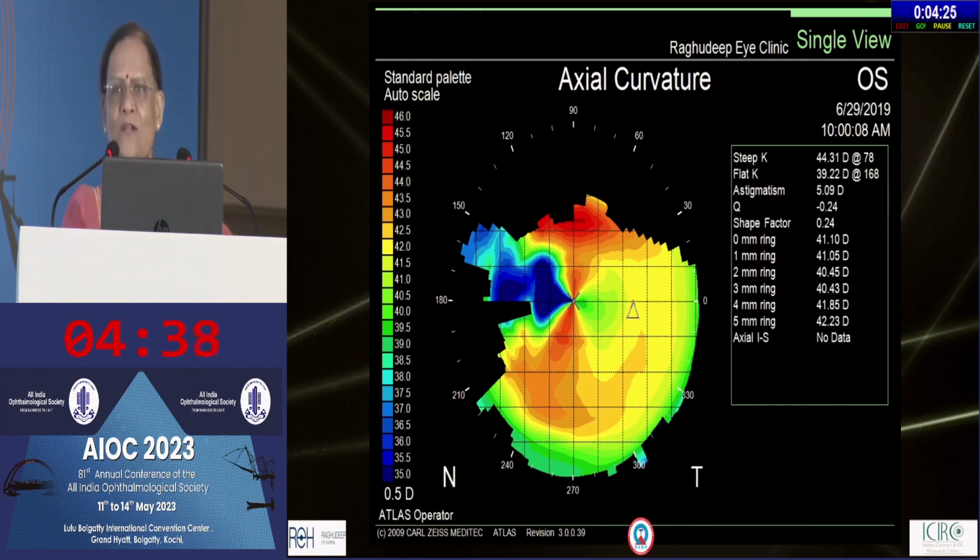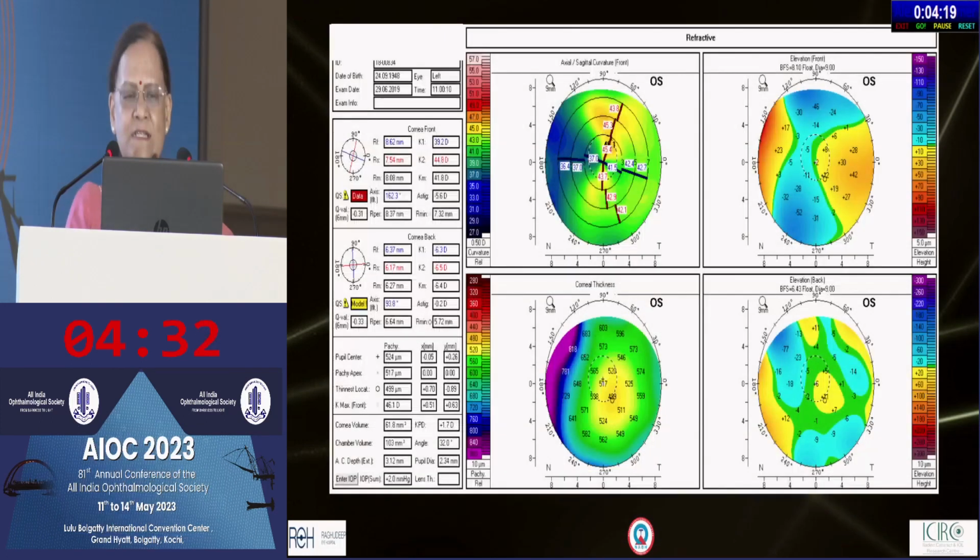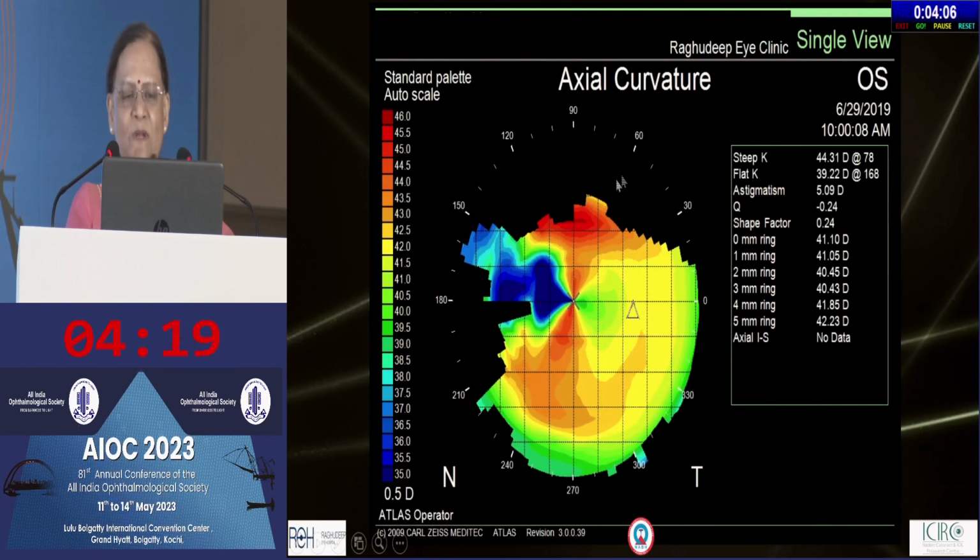So we were trying to see if we could correct this astigmatism in some way, and we did the topography. If you notice this dotted line, I'm showing the arrow, this dotted line is his pupil, and within the pupil there is a reasonable bow tie appearance, so a reasonably regular astigmatism that you can see.